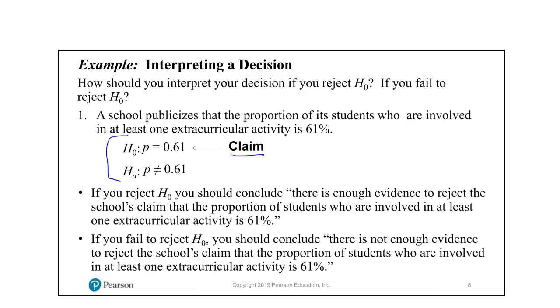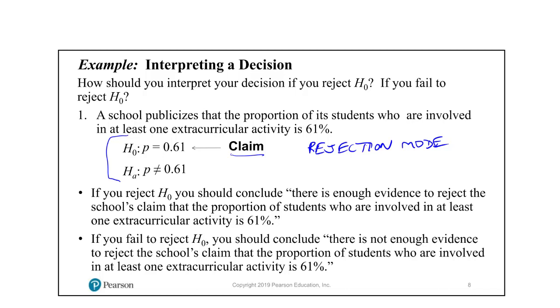Okay, so as soon as I've done that, I know that I'm in a rejection mode. When the claim is the null hypothesis, I'm in a rejection mode. Depending on what I find, there's only two interpretations that I can make.